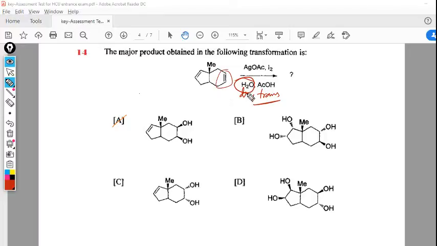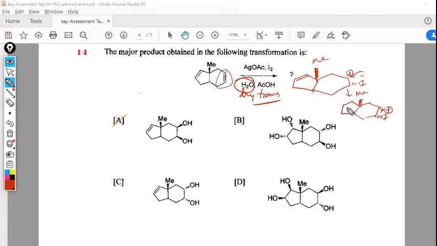As the methyl is above the plane, iodine must attack from below. So iodine will attack from below, and this will be the cation that will be attacked by the iodine's lone pair, so that is called NGP, neighboring group participation. This NGP will result in the cyclic iodonium ion formation.